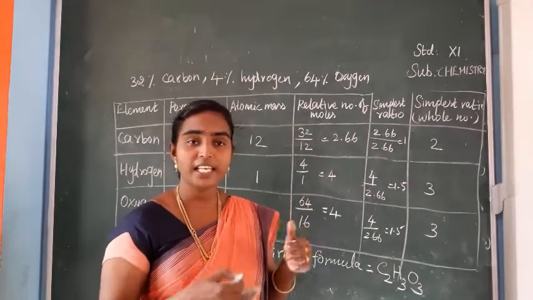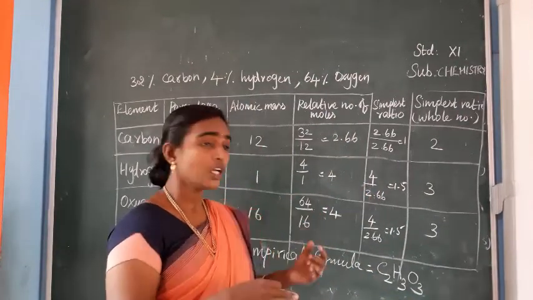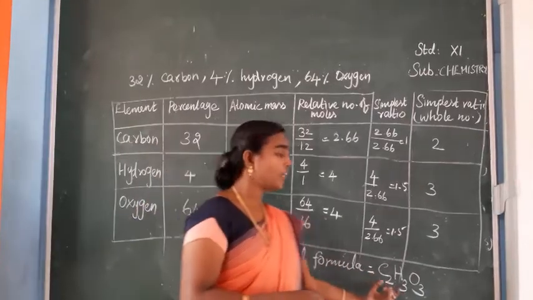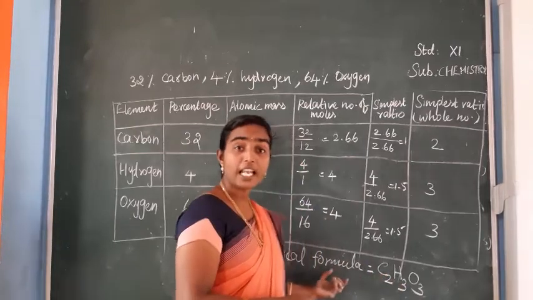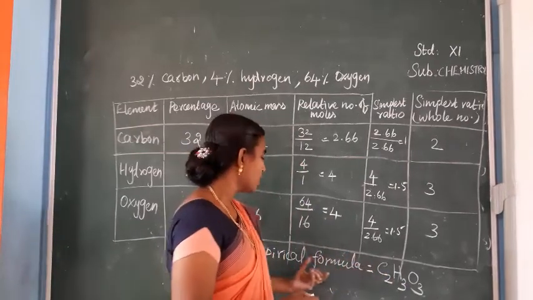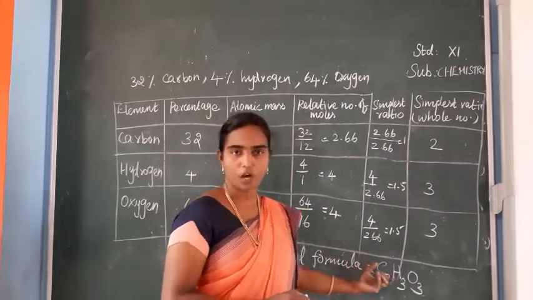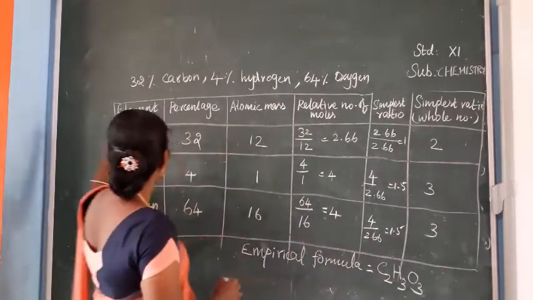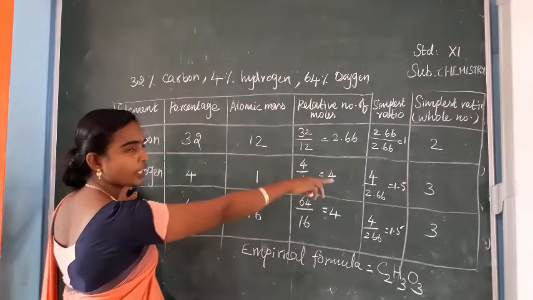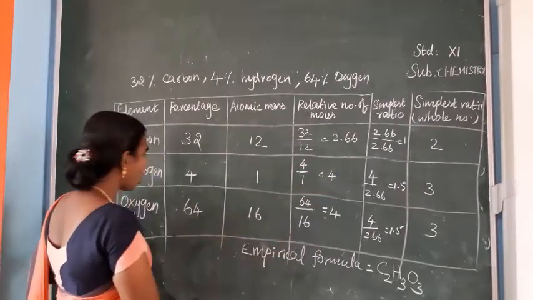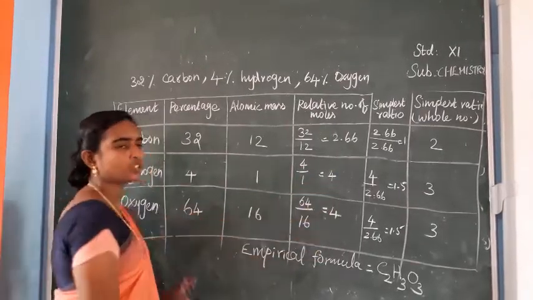Then finally you have to write the answer; they will give at least one mark for writing the empirical formula, so don't forget it. The empirical formula of the compound is C2H3O4.